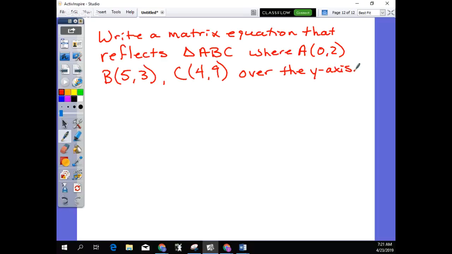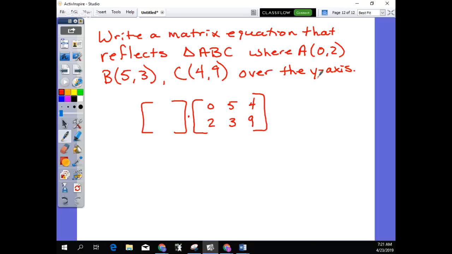All right, so I know it's going to be reflection matrix times my pre-image. So the pre-image is going to be 0, 5, 4, those are the x-coordinates, 2, 3, 9, here are the y-coordinates.